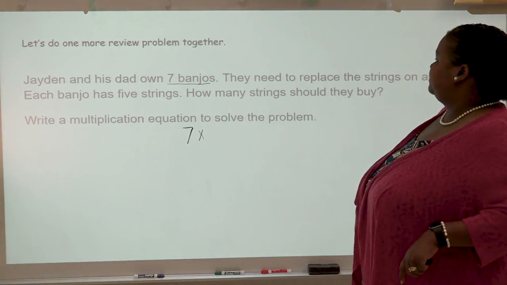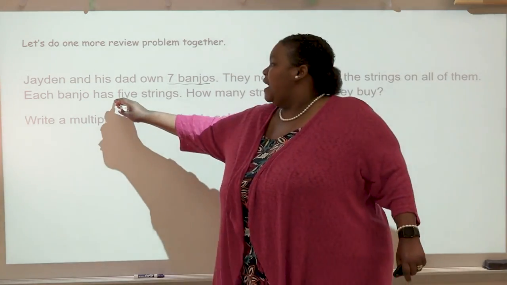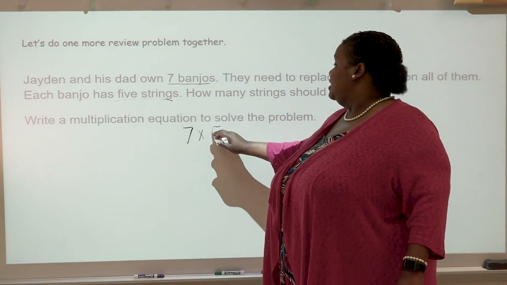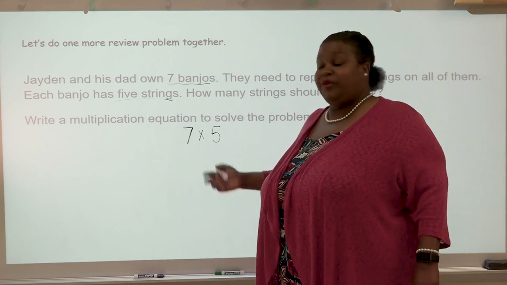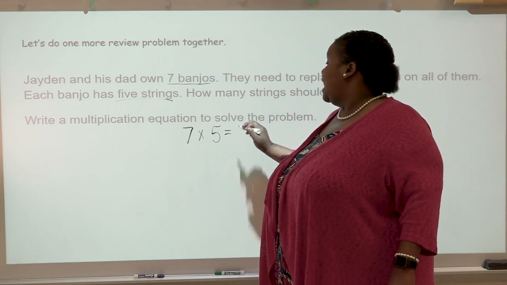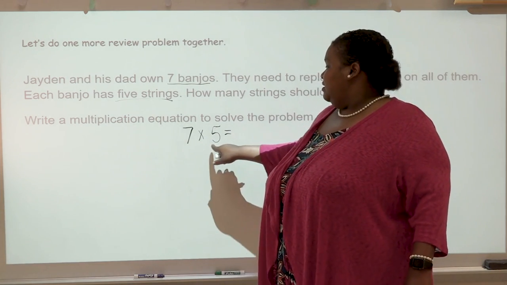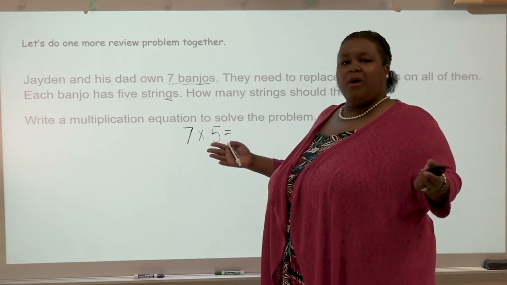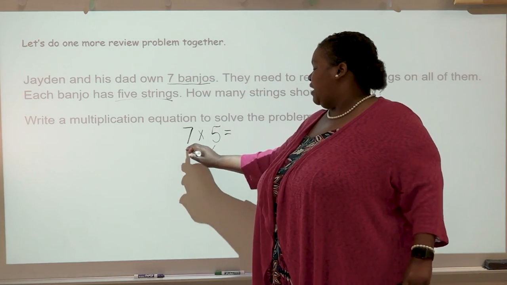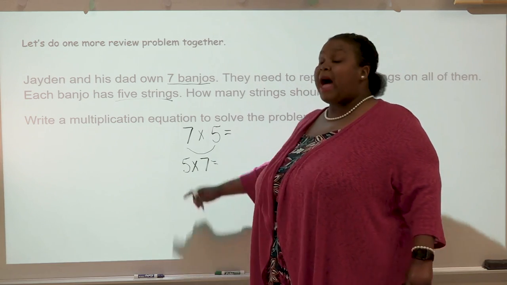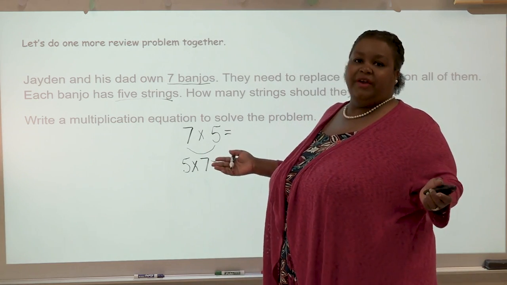Times, each banjo has 5 strings. That's going to be my second factor. How many are in each group? Now I need to find the product. I can say 7 times 5 equals, or I think I'm going to flip those factors and think 5 times 7, because I can count by 5 7 times very easily.